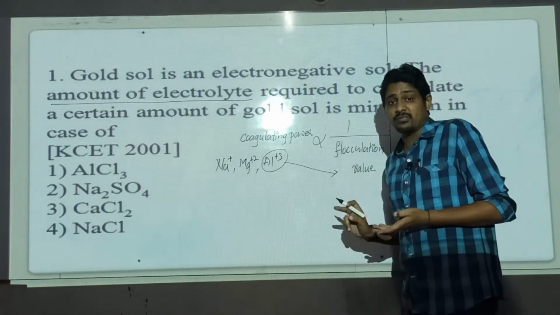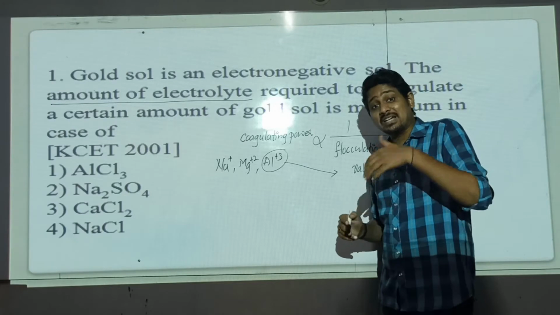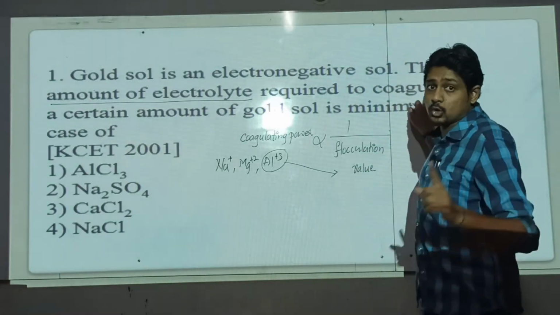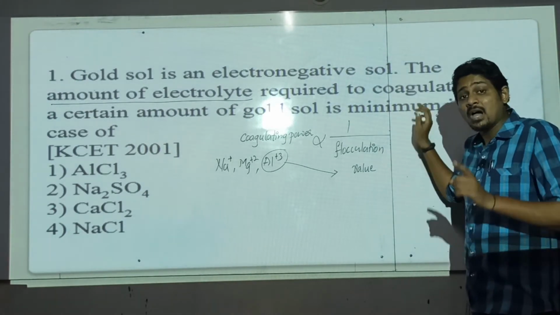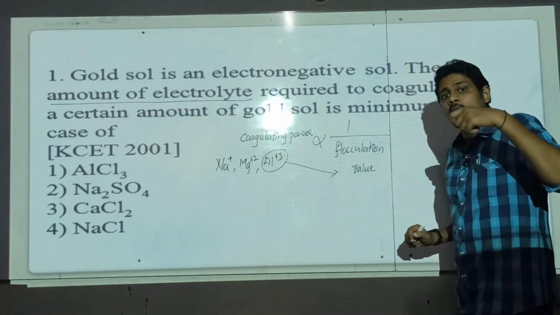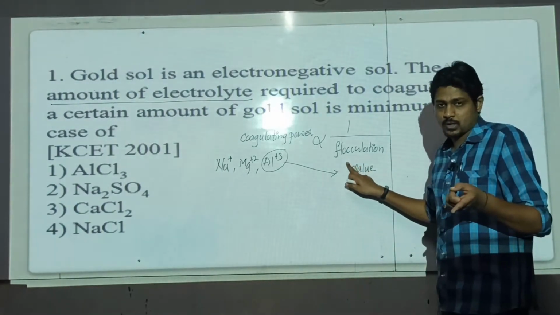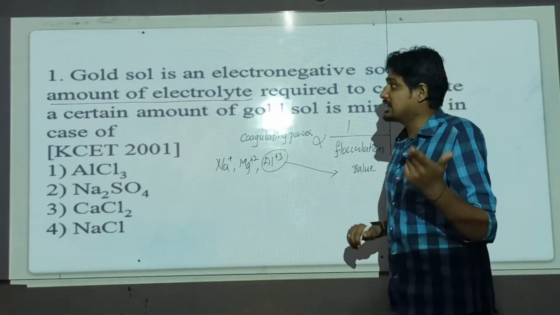Now what is meant by flocculation value? The amount of electrolyte required to cause the coagulation or the precipitation. The higher the oxidation state of the ion, the minimum will be the flocculation value. Now they will confuse you.